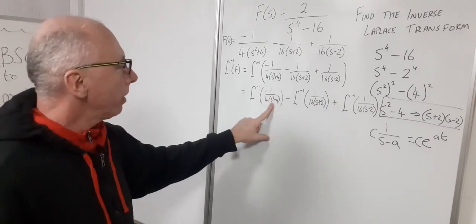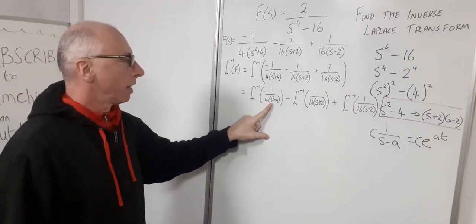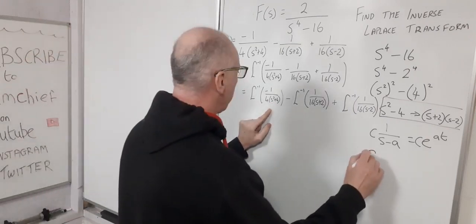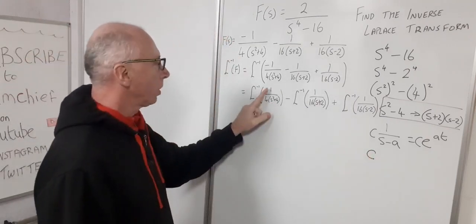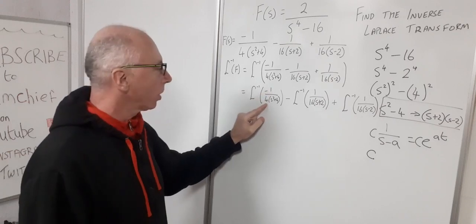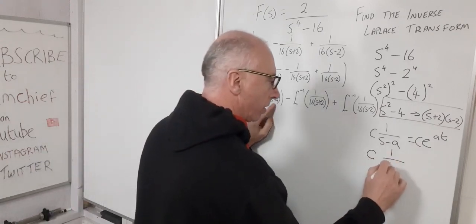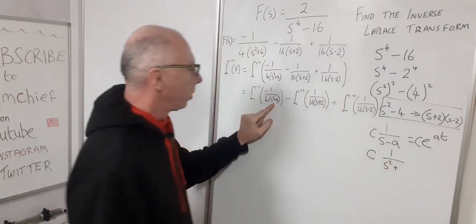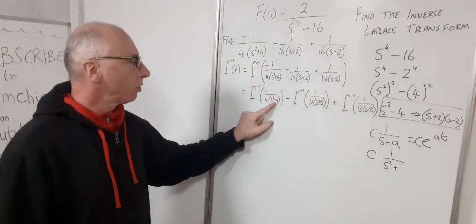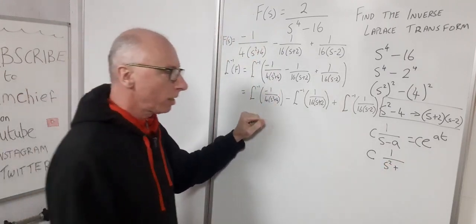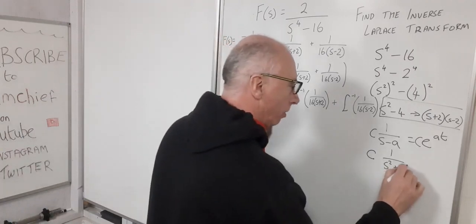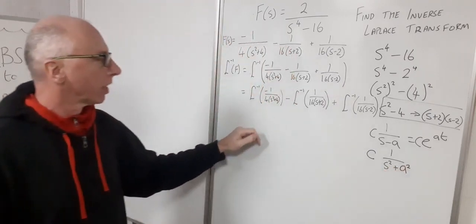And then this one here is of a different format. So this one I've got in the format of c, which would be minus 1 over 4 for our coefficient, and then 1 over s squared plus 4. Now here for our general result we'd have 4 as a squared number, so s squared plus a squared.